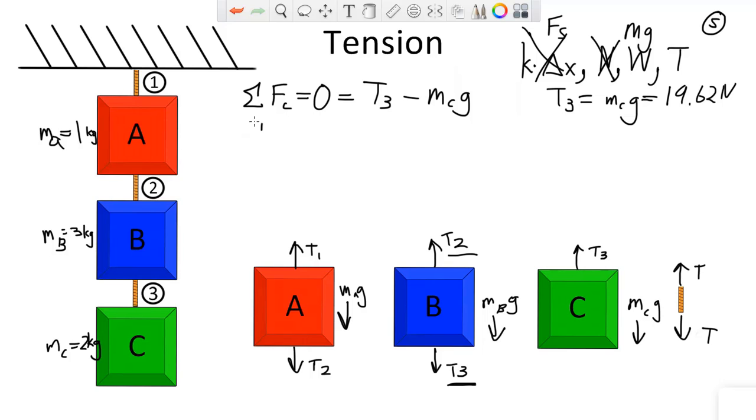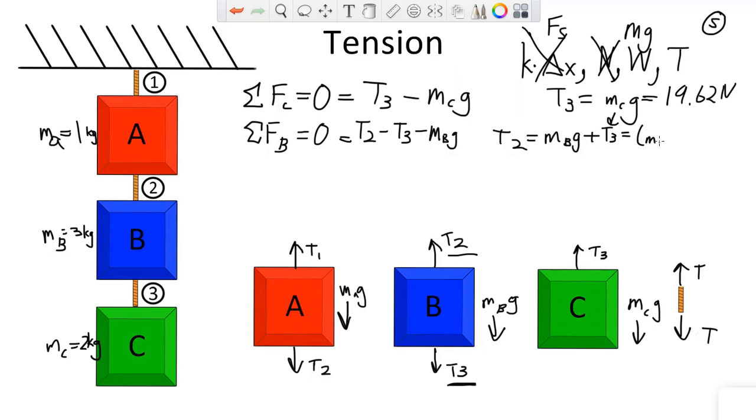So now that's going to be the sum of forces on B in the y direction. That's going to equal 0, of course, because it's static again. And then we're going to have T2 minus T3 minus MBG. So then T2 is going to equal MBG plus T3, and since T3 is just that, if we plug that in there, we can take out G from all that.